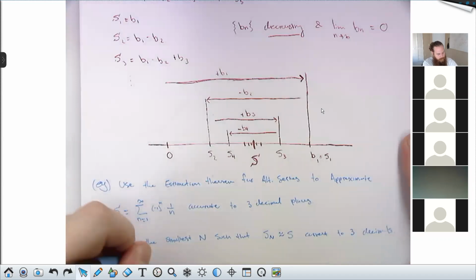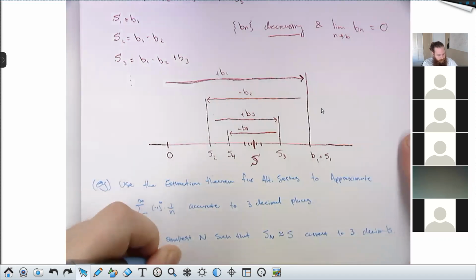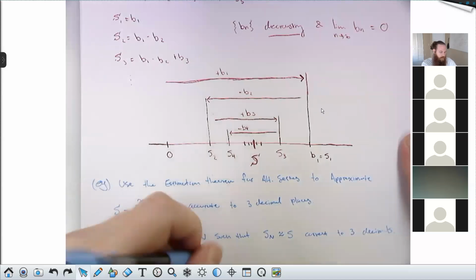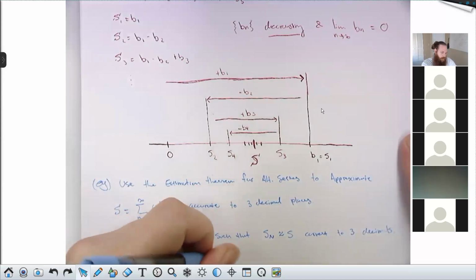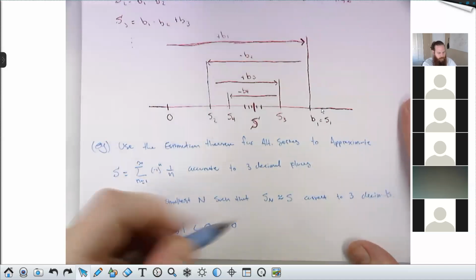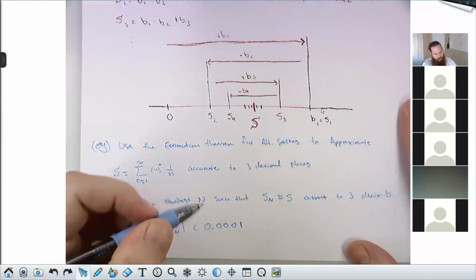In other words, I need the error, which is S minus Sn, to be less than 0.000, this guarantees that the first 3 decimal places are correct, and then I'll put a 1 here.